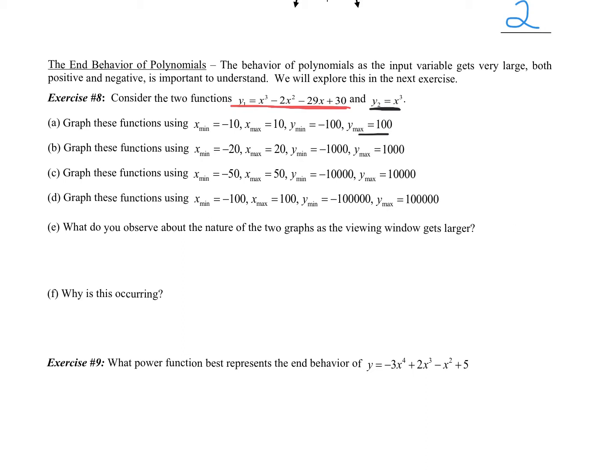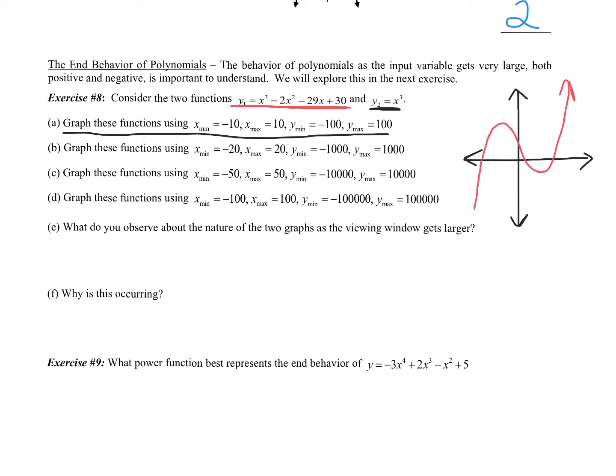Basically, you're going to graph them with this viewing window, and when I graph them with that viewing window, I drew a little axes over here. My polynomial function, which I'm going to do in red, looks kind of like this. And my power function, which I'm going to do in black, looks like this.